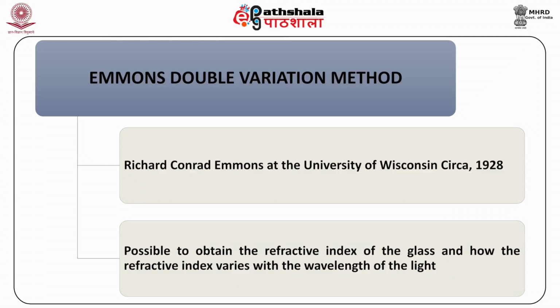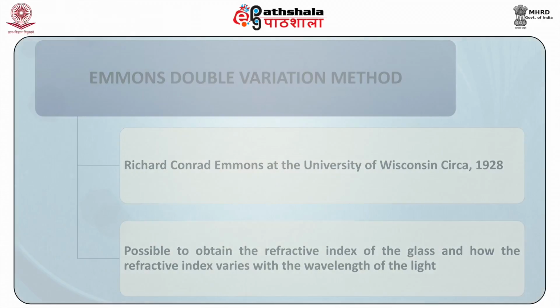He found out that by manipulation of both the temperature and the wavelength of light, it was possible to obtain not only the refractive index of the glass, but also how the refractive index varies with the wavelength of the light that is being used in this method.